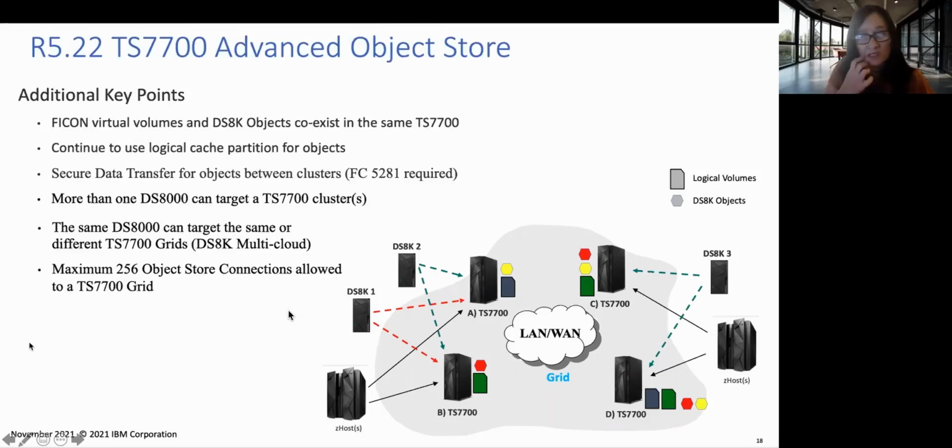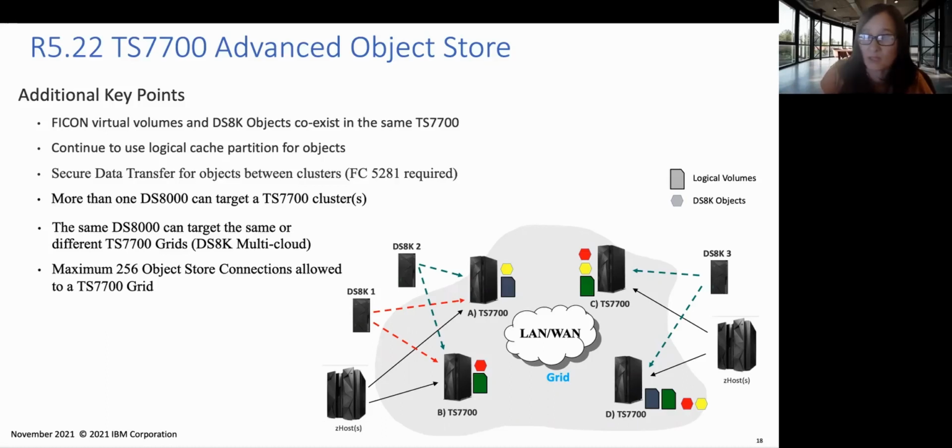Additional key points: this is your FICON virtual volumes and your DS8000 objects coexisting in the same 7700. And I can't stress that enough, because one of the problems we have today is there are so many different little appliances out there that you have to maintain, and they take up space. So we didn't want to provide another piece of hardware that you had to figure out what to do with.